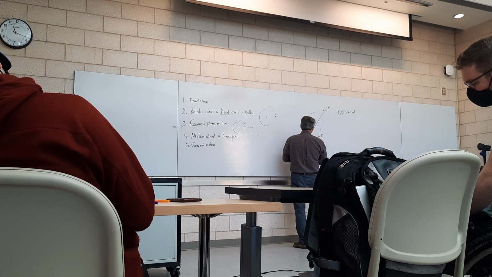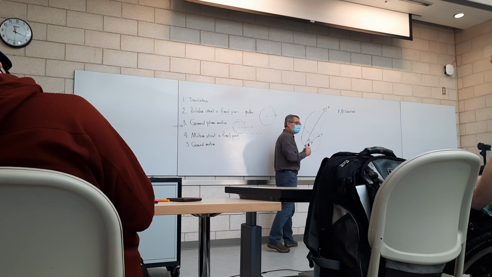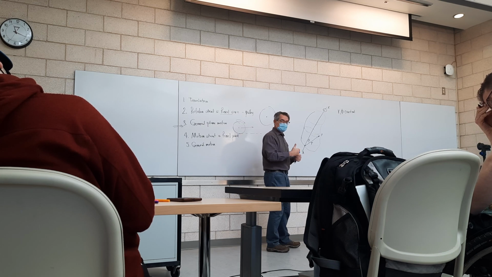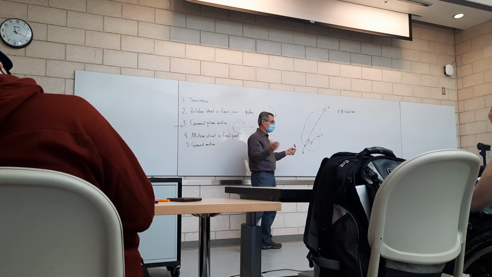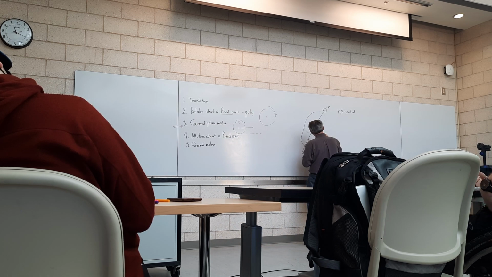Now, our point P is going around in a circle, and so we know the velocity direction of that particle is always going to be tangent to the circle, from what we've talked about many times. So our velocity is going to be, say, something like this.